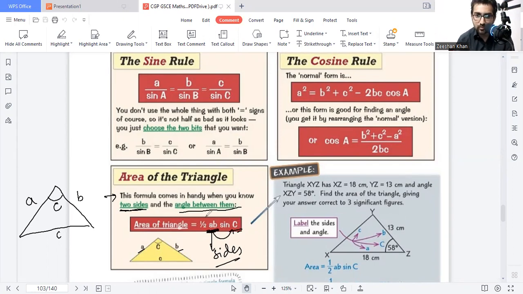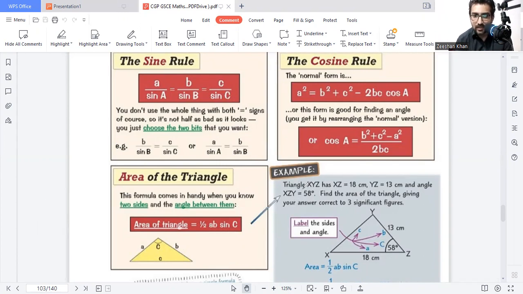Let's work on this formula in this example. Triangle XYZ, you can see this is X, Y, and Z. In this triangle XZ is 18 centimeter. This is given. And YZ is 13 centimeter.